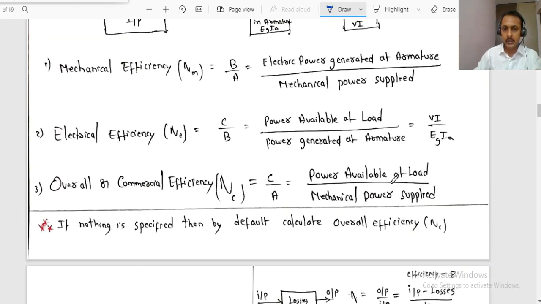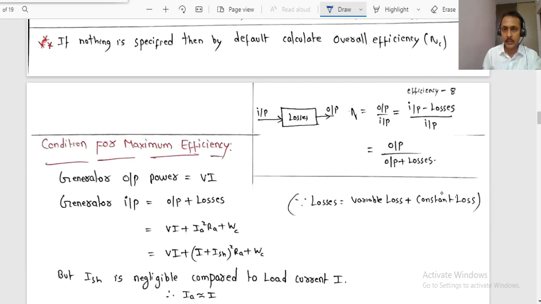And we have previously told that for efficiency, for example, input power is there, there will be some amount of losses and we will get the output. Efficiency is given by output power by input power. Now whatever output we are getting is nothing but the input power given minus losses, whole divided by input. This is how we can express efficiency in terms of input.